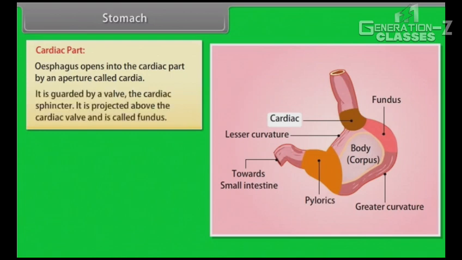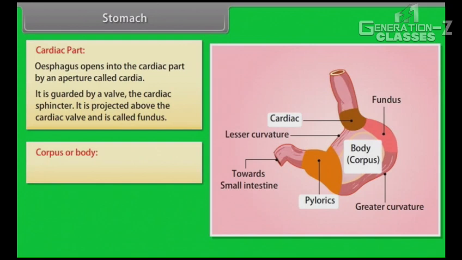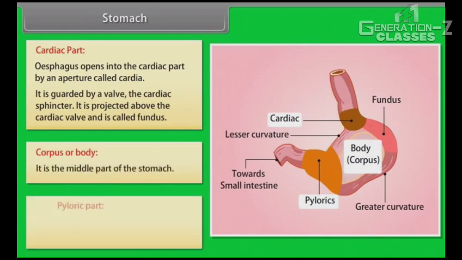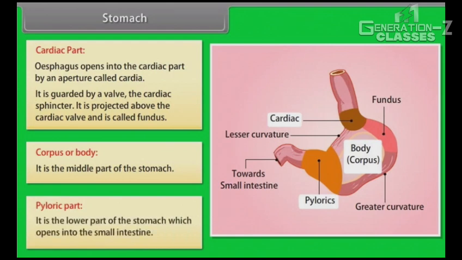It is guarded by a valve, the cardiac sphincter. The part projected above the cardiac valve is called fundus. Corpus or body: it is the middle part of the stomach. Pyloric part: it is the lower part of the stomach which opens into the small intestine.